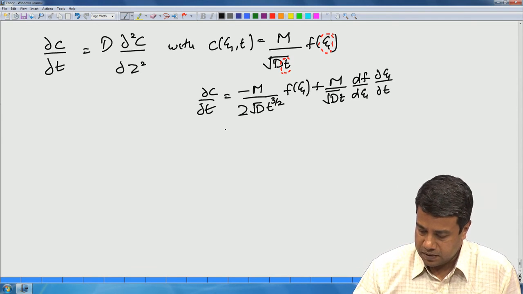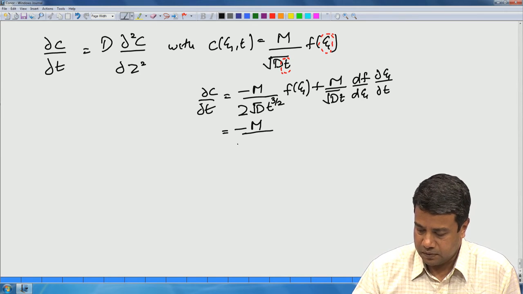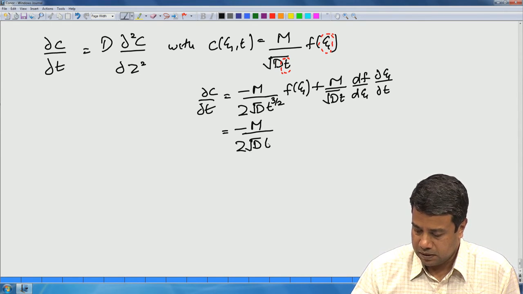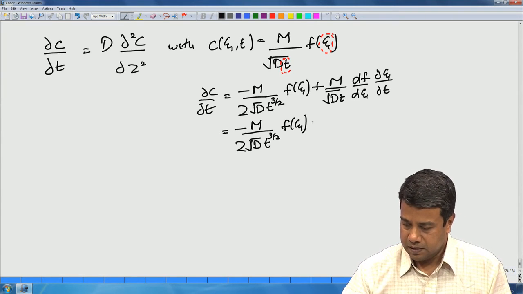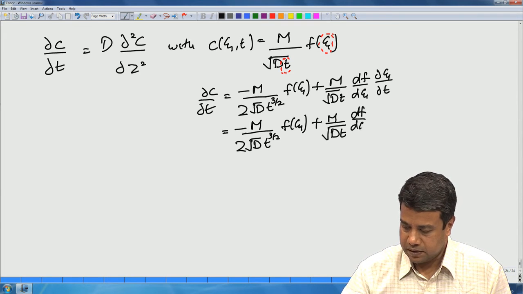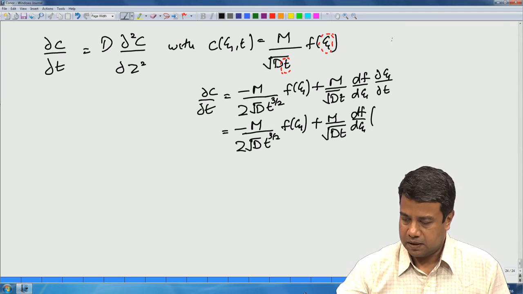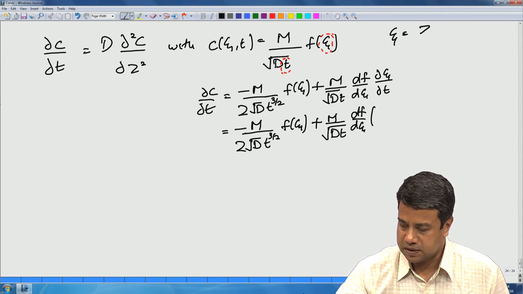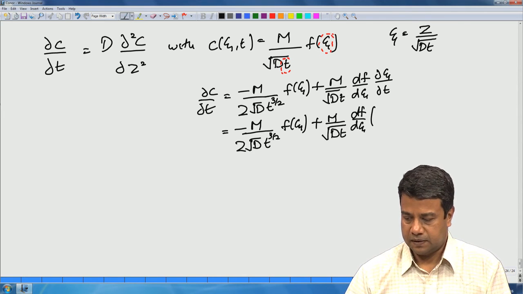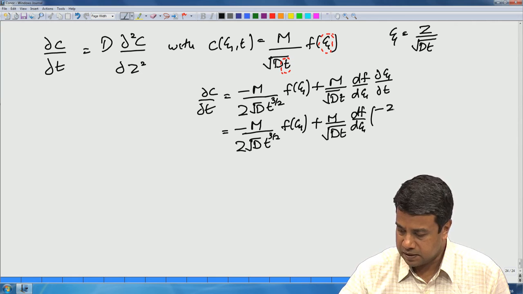So, this is equal to minus m by 2 root D t to the power 3 halves f of psi, plus m by root Dt df by d psi into, recall that psi is equal to z by root Dt. That was our similarity variable. So, this becomes minus z by 2 root D t to the 3 halves.